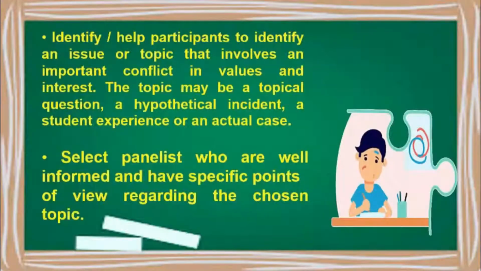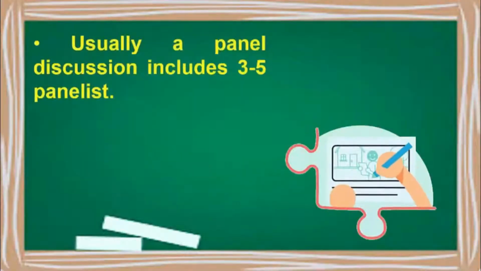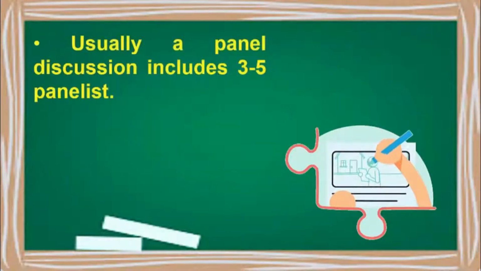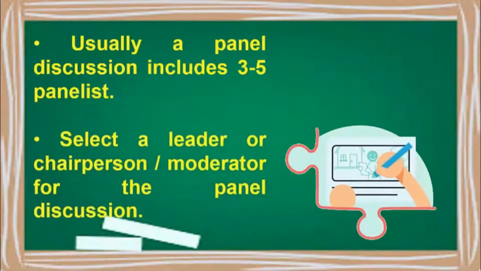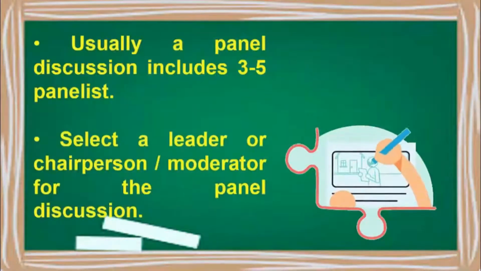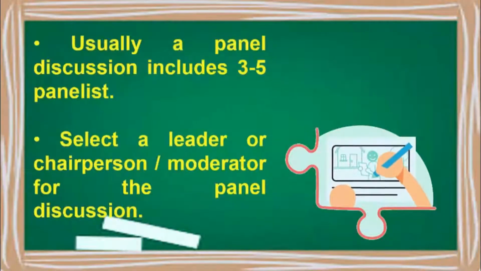Select panelists who are well informed and have specific points of view regarding the chosen topic. Usually, a panel discussion includes 3 to 5 panelists. Select a leader or chairperson or moderator for the panel discussion.